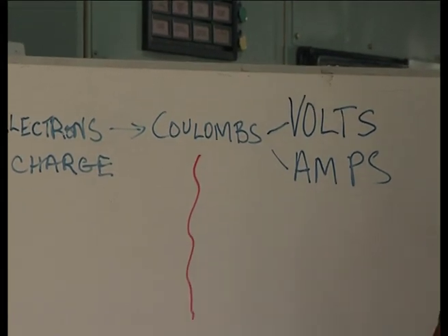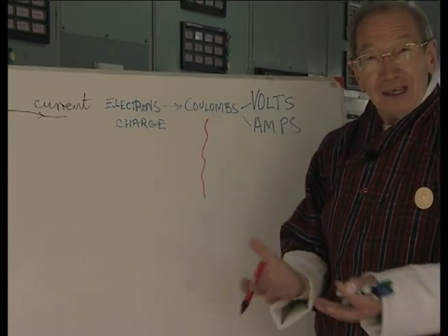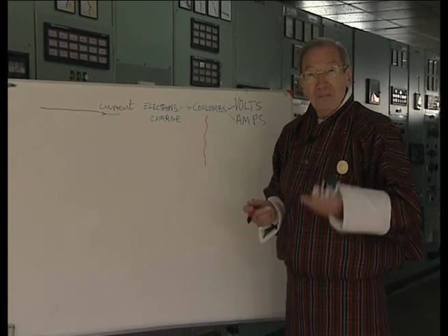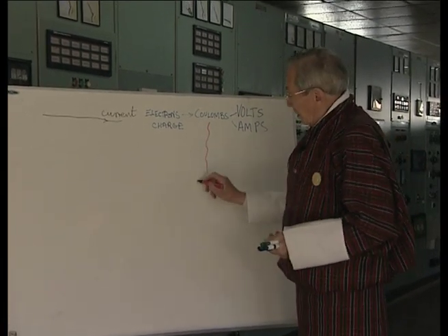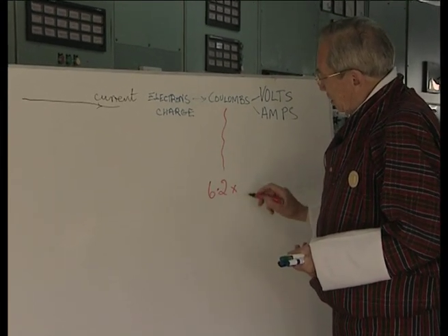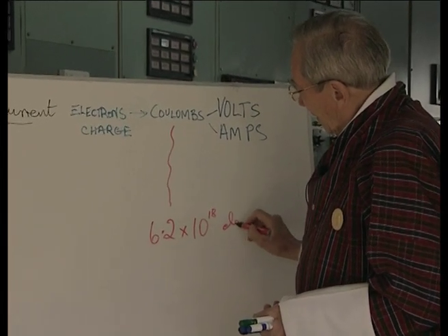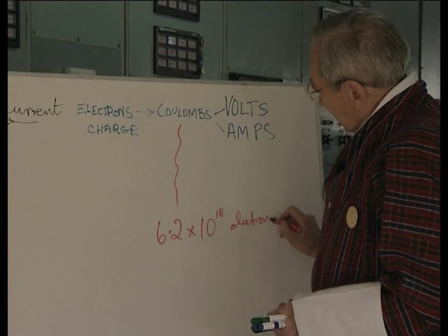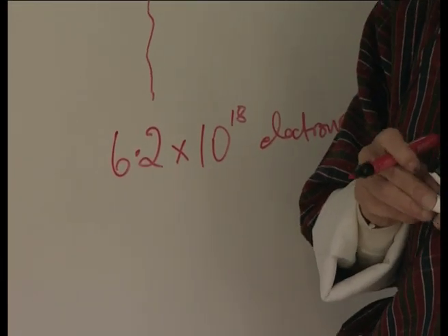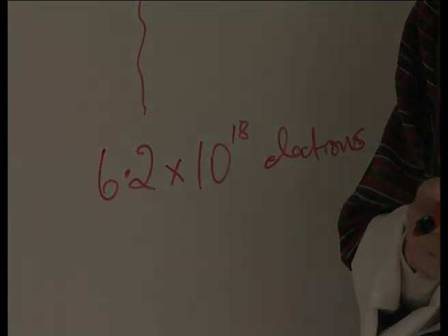In 1 coulomb, you have got a package, a parcel of charge. How much charge? Well, you've got approximately 6.2 by 10 to the power of 18 electrons. Now, if you write 6.2 times 10 to the power of 18 and then say it in language, you get a very, very large number.